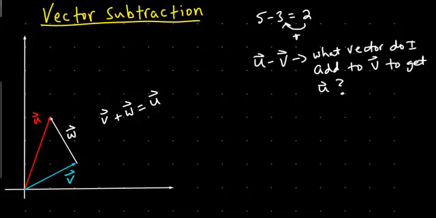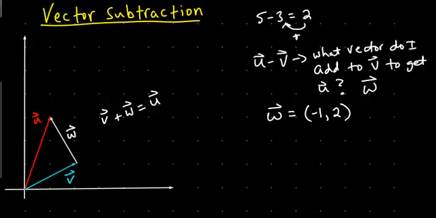So it's going to be w that I've labeled there, vector w. And clearly, by inspection, w is going to equal -1 in the x direction and up 2 in the y direction.